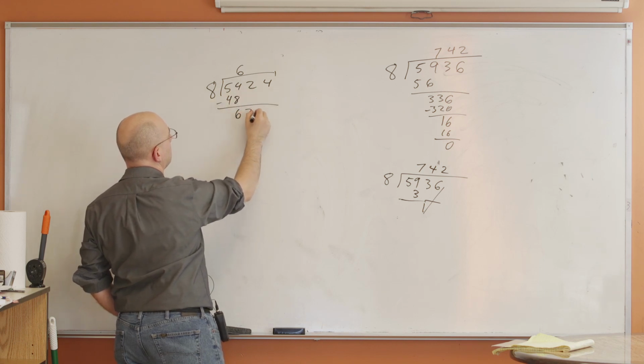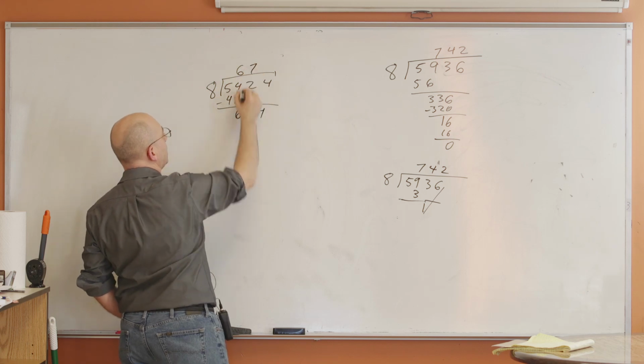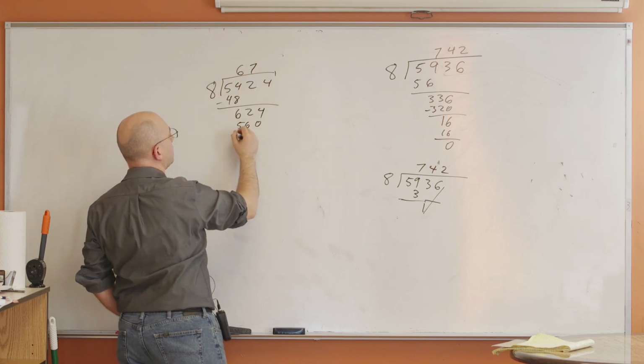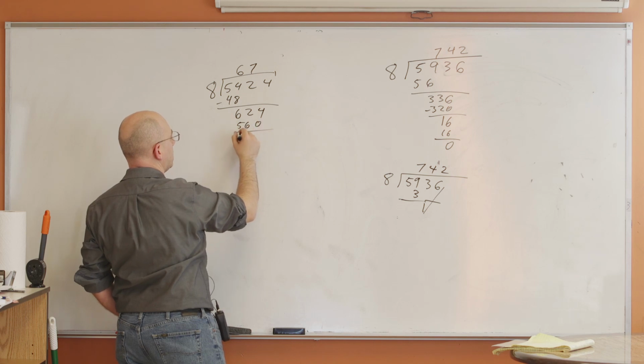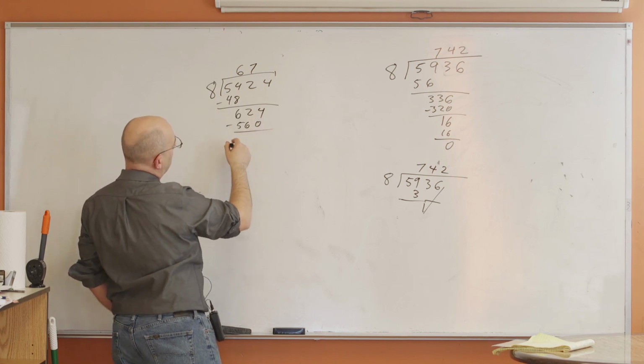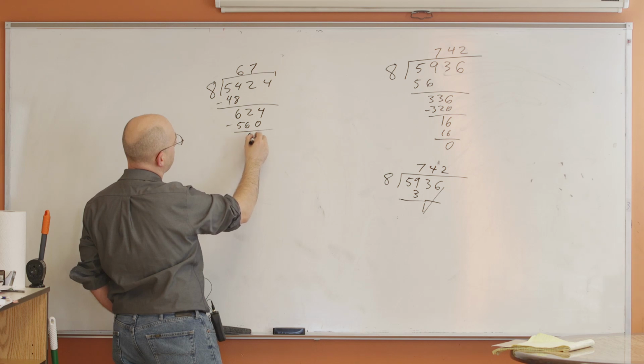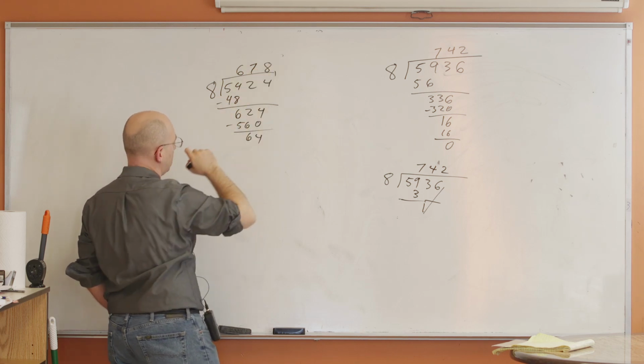That's going to be 624. 8 into 62. 7, 560 if you like. You do that subtraction. Let's see, whatever that is. 64, and then you get an 8.